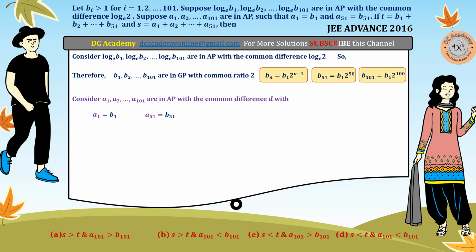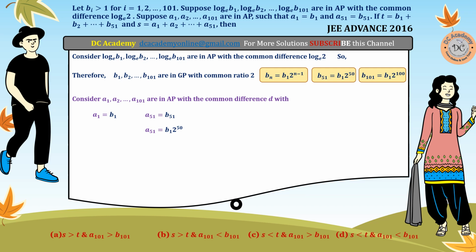If we take the relation that A51 and B51 are equal, we can say A51 is equal to B1 times 2 to the power 50, because B51 is already obtained. On the left hand side, wherever we have A51, we can apply the general formula of an AP series.